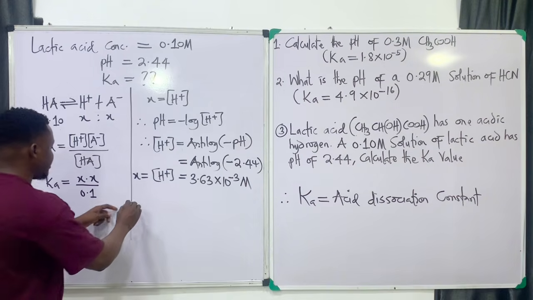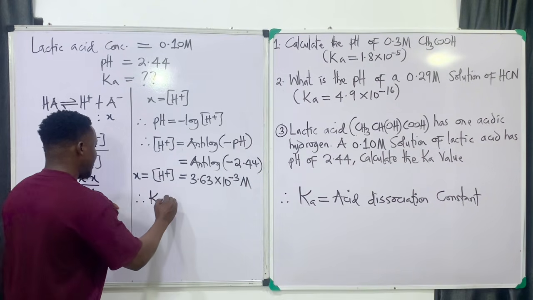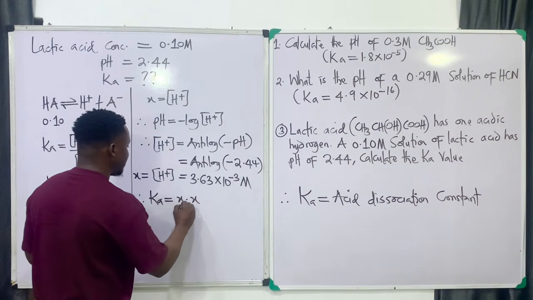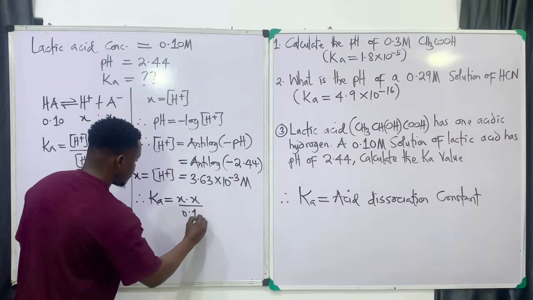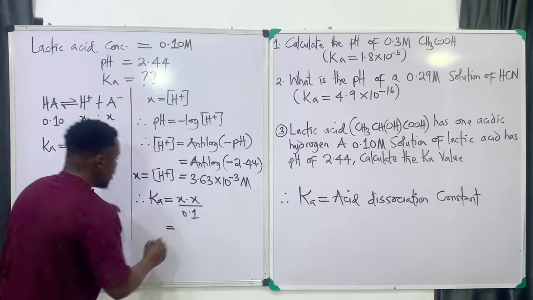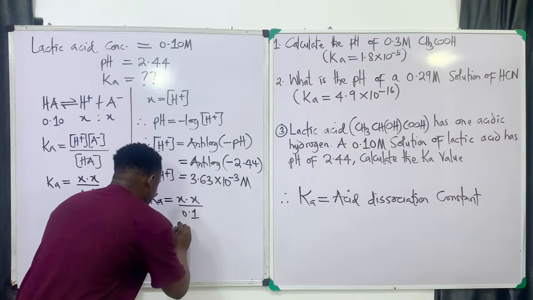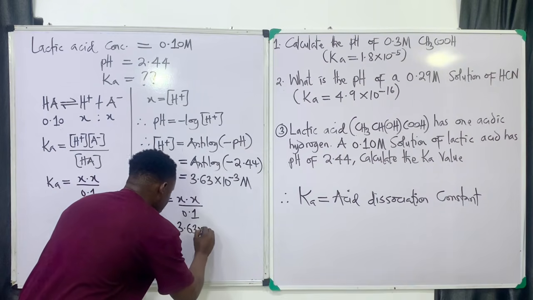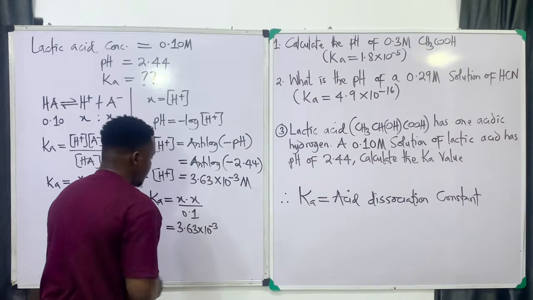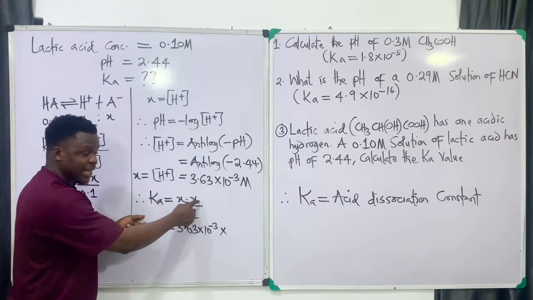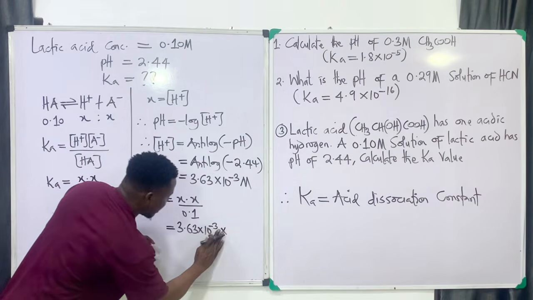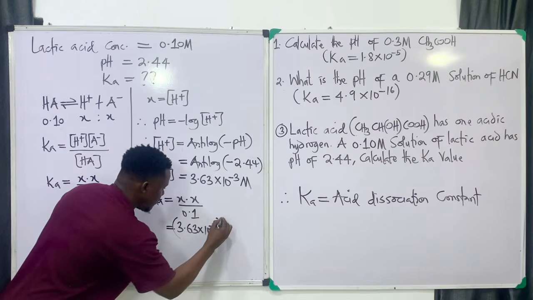So I can now come here and say, therefore, my Ka equals X times X all over 0.1. So this is equal to, anywhere I see X, I'll put 3.63 times 10 to the power minus 3, times, because it's X times X, which is the same thing as X squared. So I can simply just square this guy.